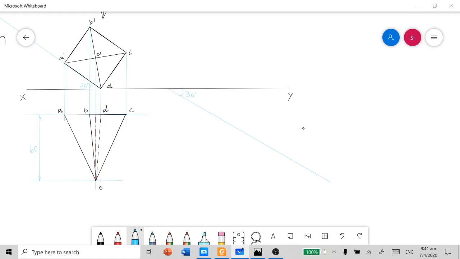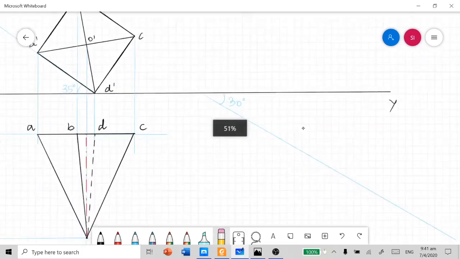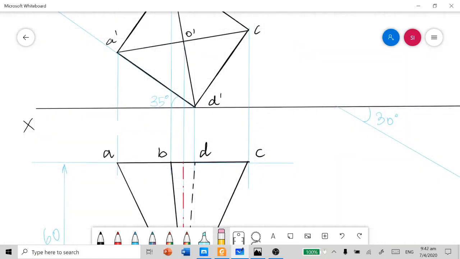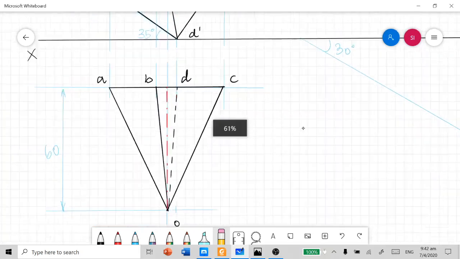And then I need to redraw this lateral view once again.